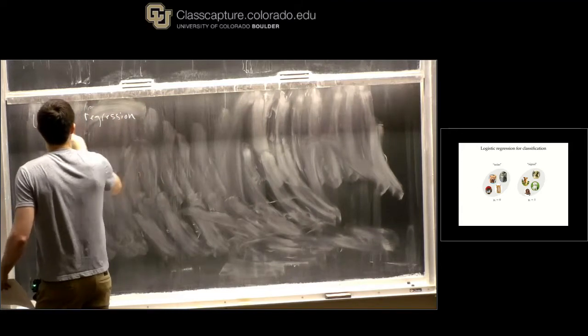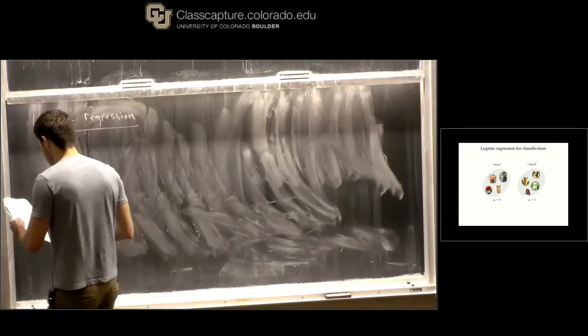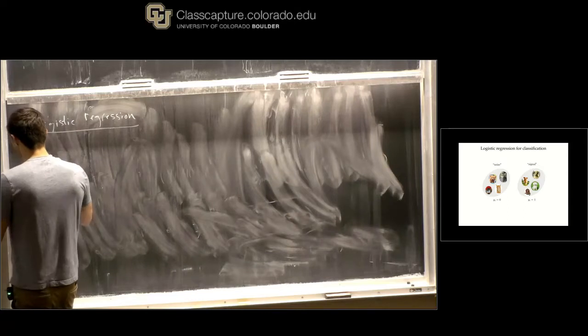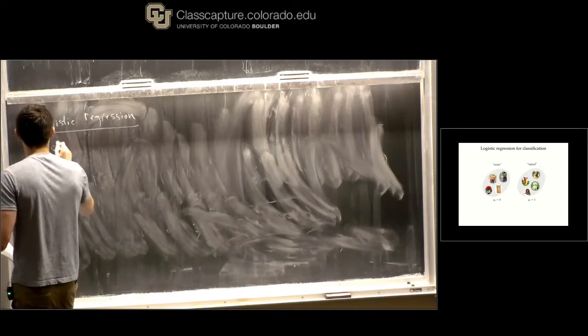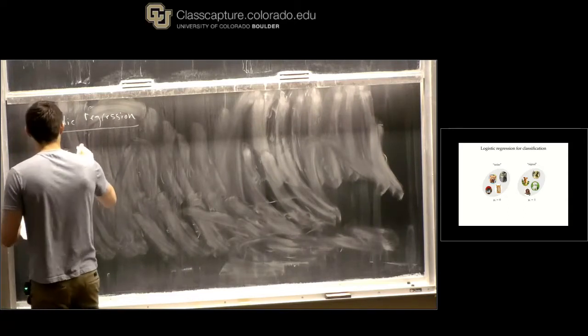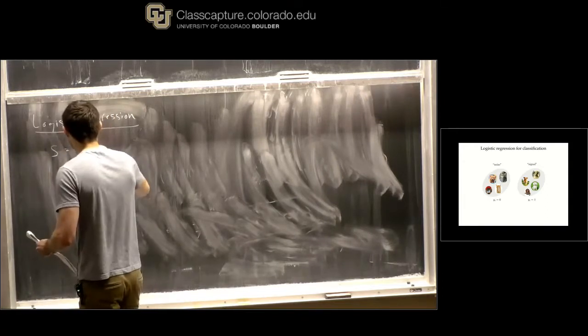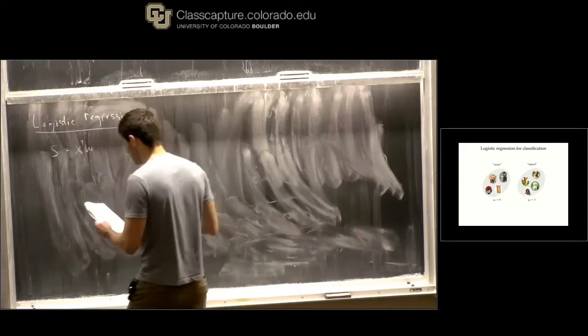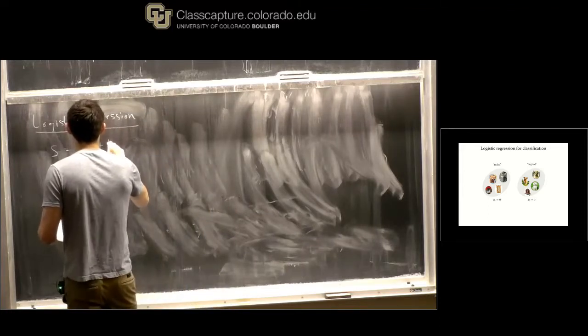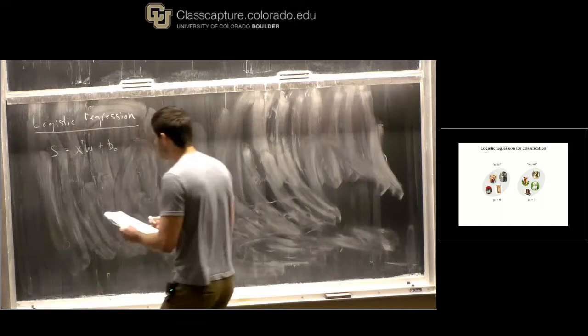imagine we stick with a linear model like we just had, where we have something I'll call S that takes the data or features of the data times some set of parameters plus some offset.